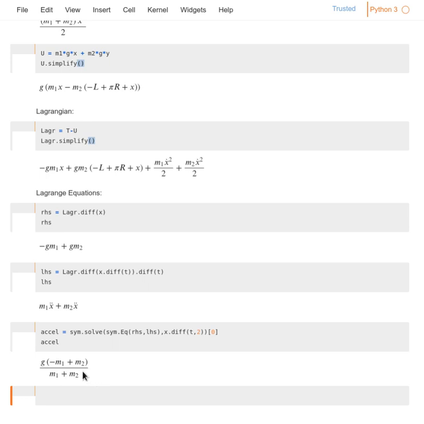Well, in that case, you could take your acceleration, substitute known values of m1, m2, and g into it, lambdify it to make it into an actual NumPy Python function, and then you could use that in your normal odeint numerical solutions to plot out the path numerically.